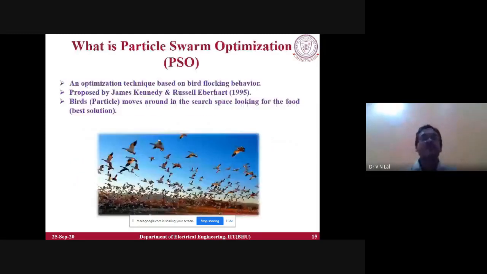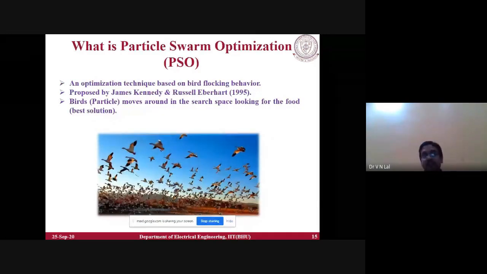Now, what is particle swarm optimization? Different optimization techniques are there, and those are basically inspired by nature. This optimization technique, the PSO, is also inspired by natural phenomena. It is based on bird flocking behavior.